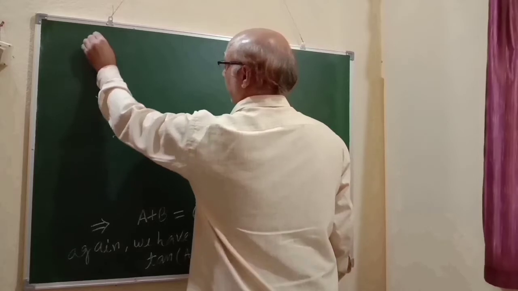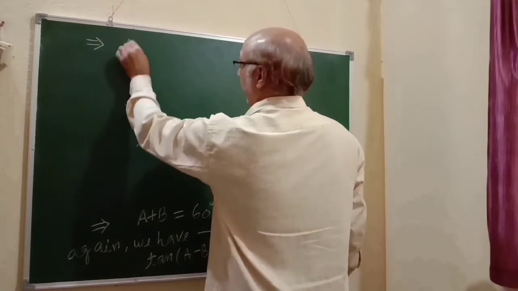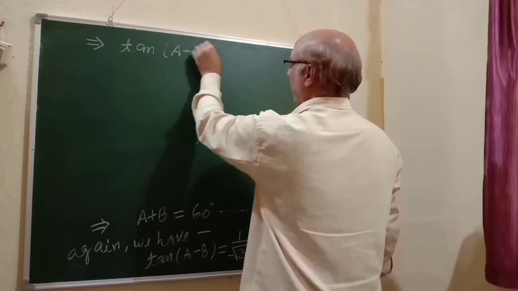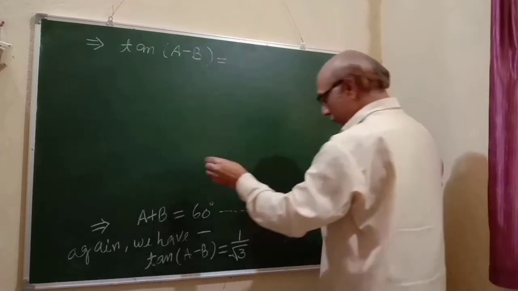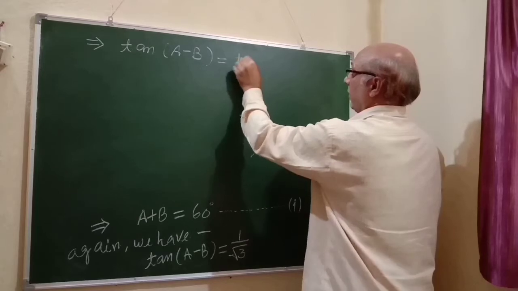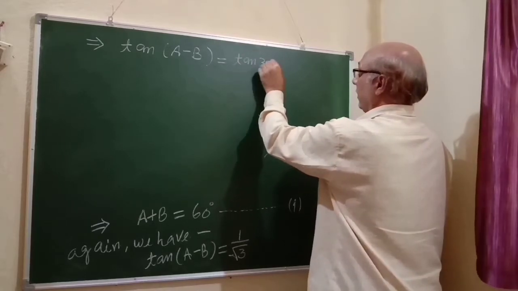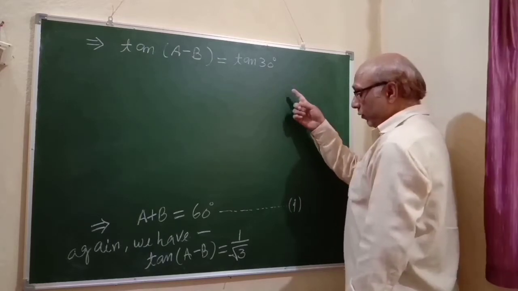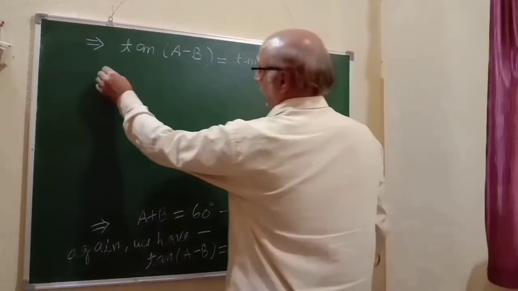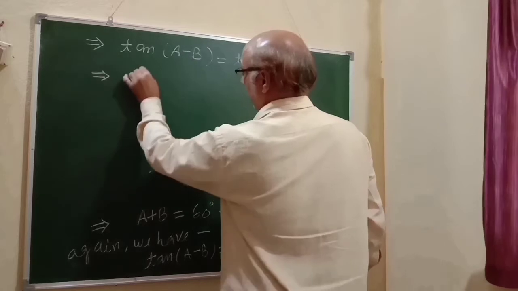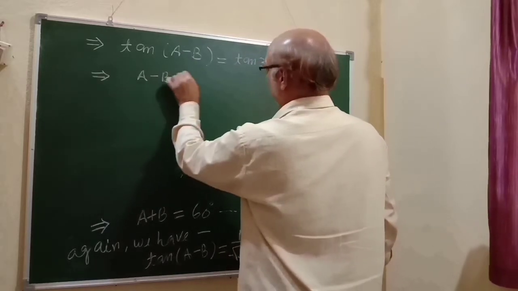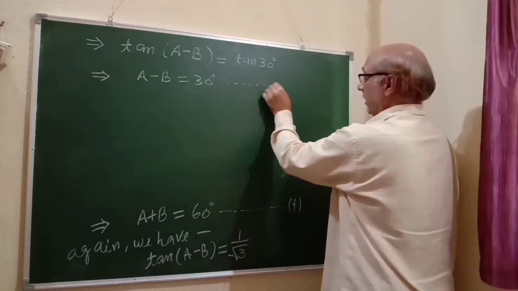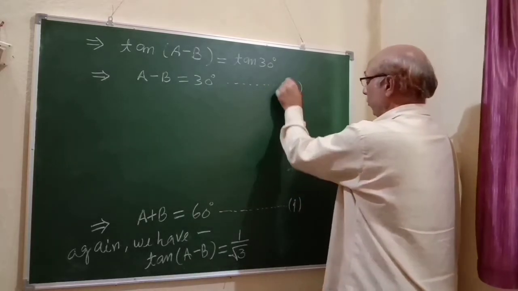And this implies that tan (a minus b) equals tan 30 degree. Here tan 30 degree equals 1 by root 3, and this implies that a minus b equals 30 degree. This is equation number 2.